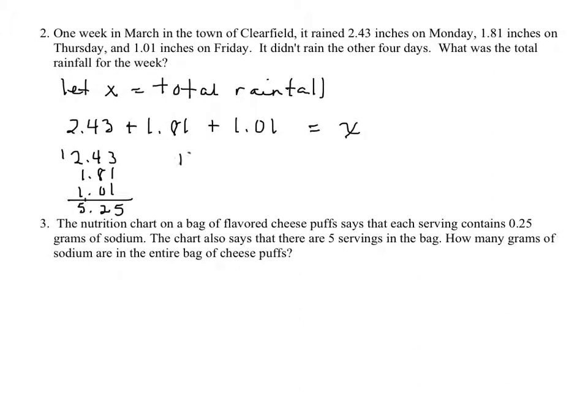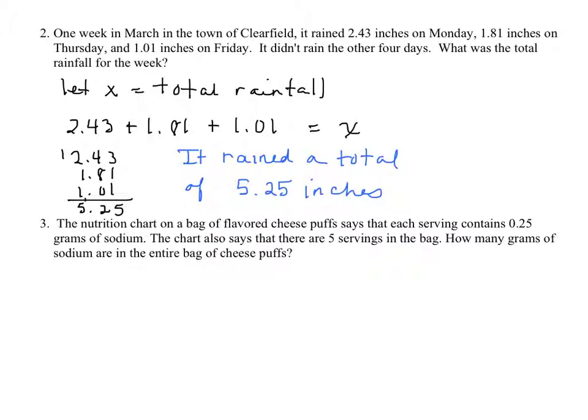So it rained, oh, let's do it in blue. It rained a total of 5.25 inches, which is a lot for a week. Really, it is. Must be the rainy season.